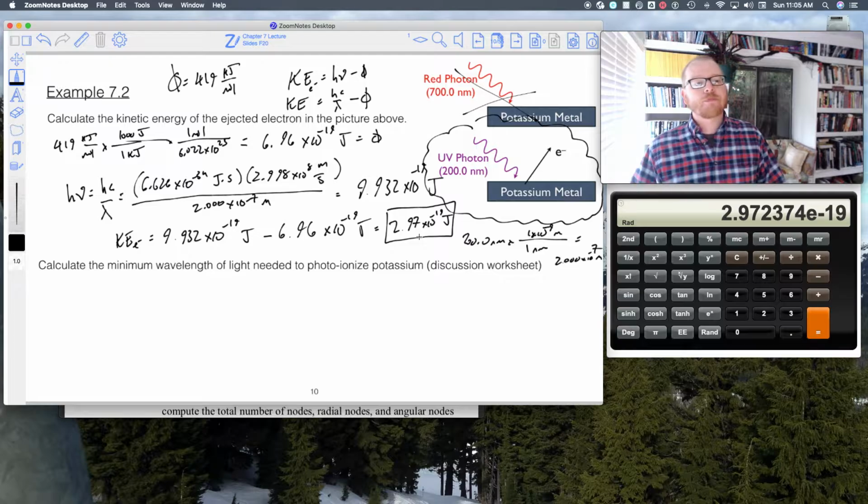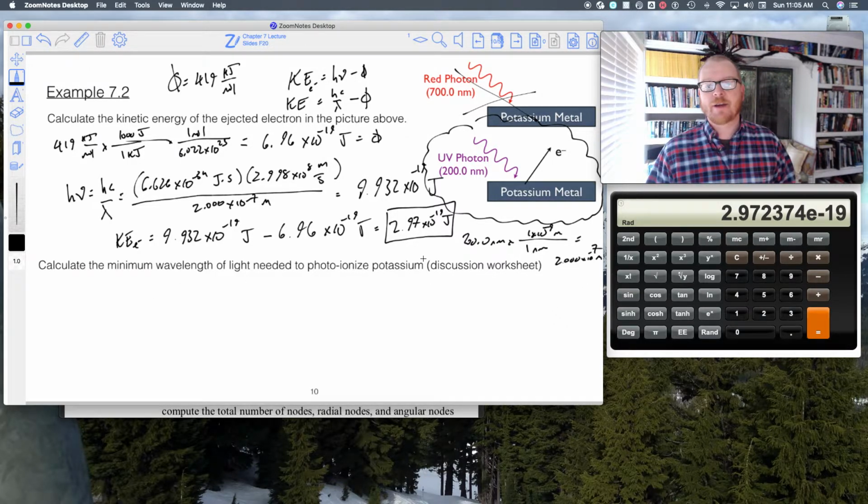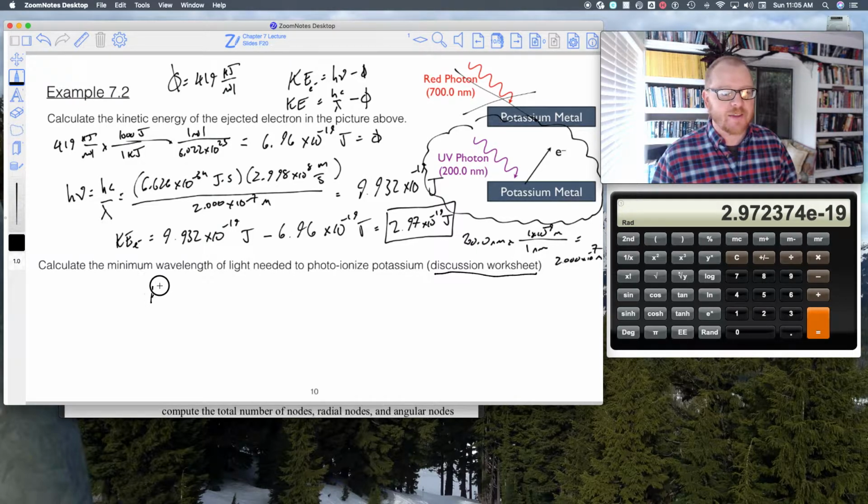So now, calculate the minimum wavelength of light needed to ionize potassium. It says we're going to do this in the discussion worksheet, and we will. I'll give you a different example than this one. But if we think about the minimum wavelength of light needed to photoionize, I'm going to write this as hc over lambda minus phi.